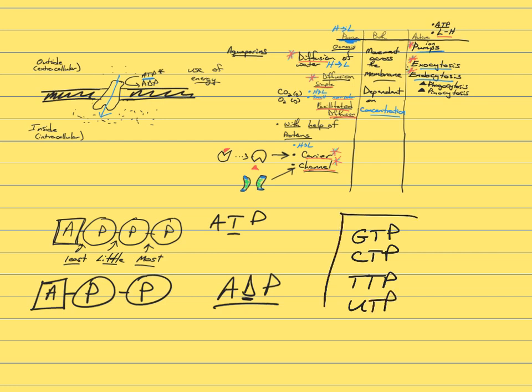These are possible, but this is really the one we see a lot. So this is one you're going to really need to know. But just know that you can have 3 phosphates on any one of these, and they can be used to release that energy, because it's this bond between the last 2 phosphates that's where all the energy is coming from. And by the way, you can reverse this.